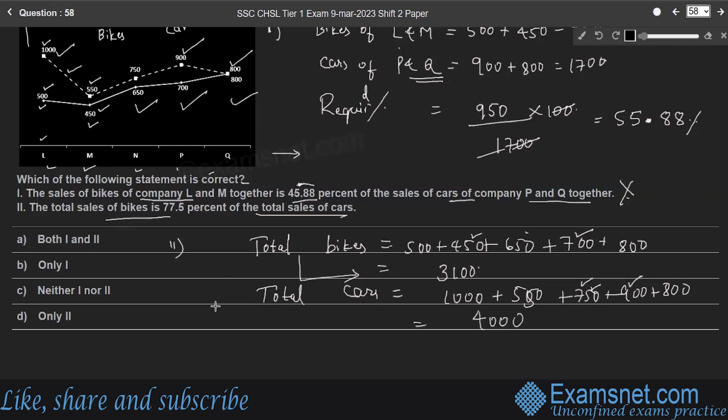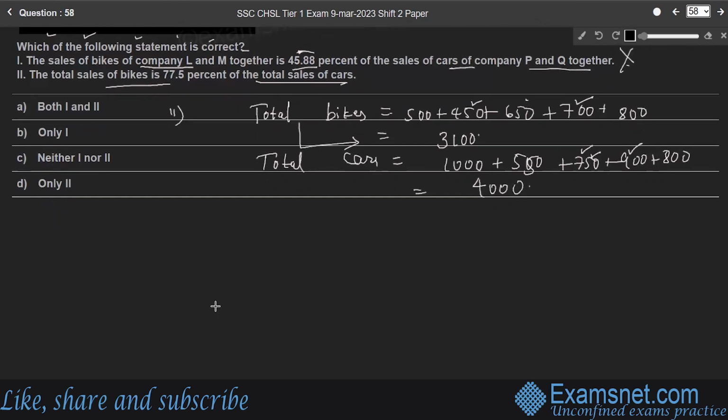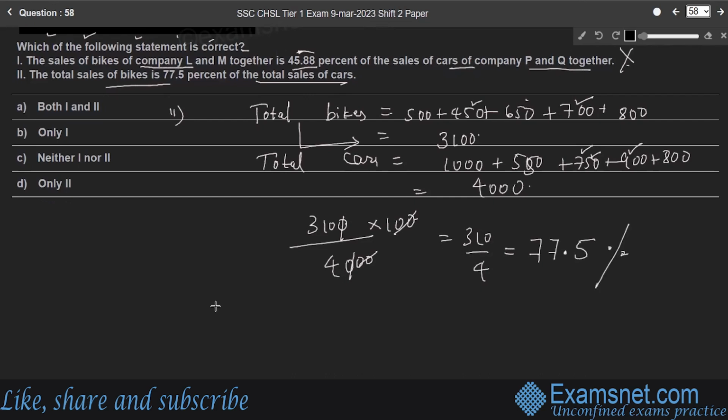Therefore, total sales of bikes, which is 3100, is what percentage of total sales of cars, which is 4000. So cancel 2 zeros, cancel 1 zero. So 310 by 4: 4 into 7 is 28, again 7, so 77.5%. So total sales of bikes is 77.5% of the total sales of cars. Therefore, the second statement is correct.